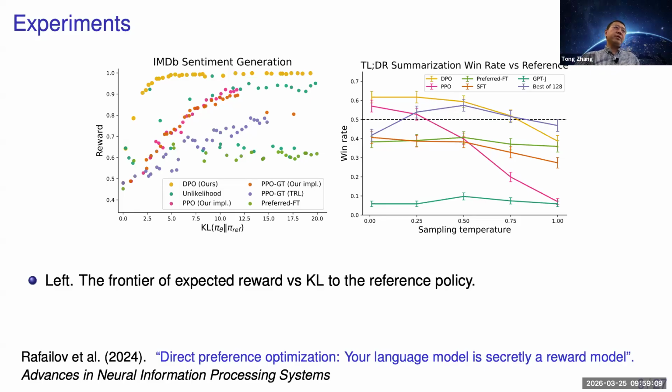Because it's an implicit reward model from the DPO, you can directly optimize your policy through optimizing this implicit reward. The derivation is as before. Here they show some good results and so on. I don't want to go over the details.